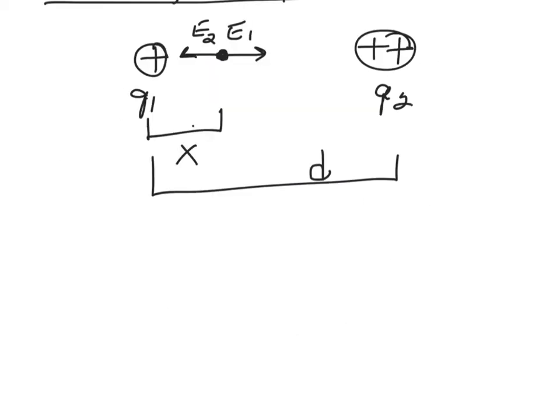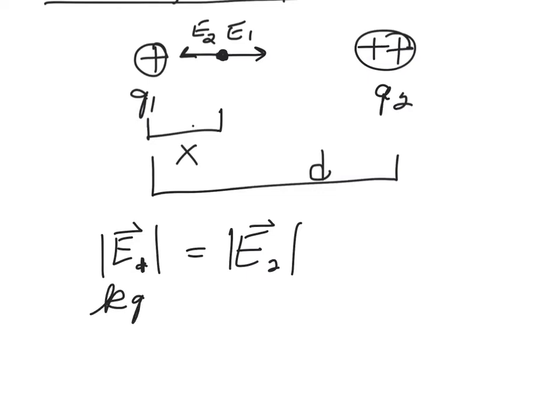And so we want to find where the magnitude of E1 is equal to the magnitude of E2, because if the magnitudes are equal, the direction from the diagram is obviously opposite.